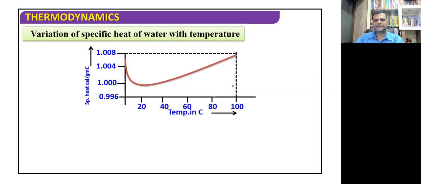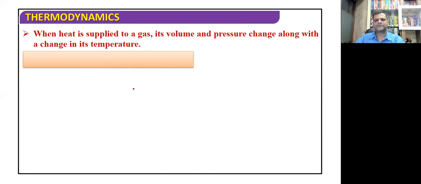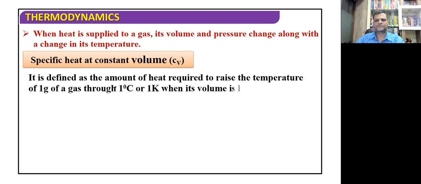ठीक है। ये स्पेसिफिक हीट का जो वाटर का स्पेसिफिक हीट विथ रिस्पेक्ट टू टेम्परेचर इस तरह से चेंज होता है। Okay, we can see the amount of heat supplied to the gas at constant pressure and constant volume.